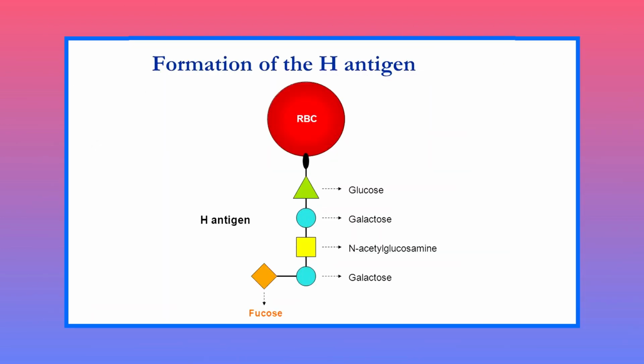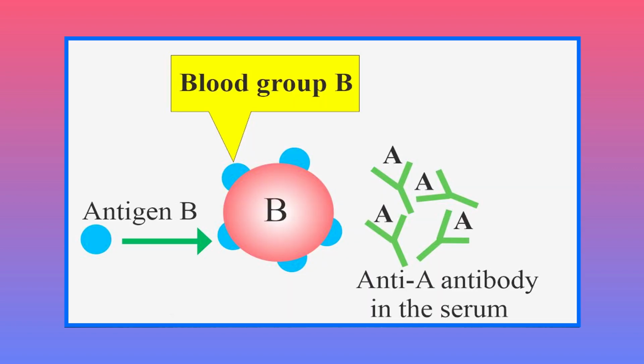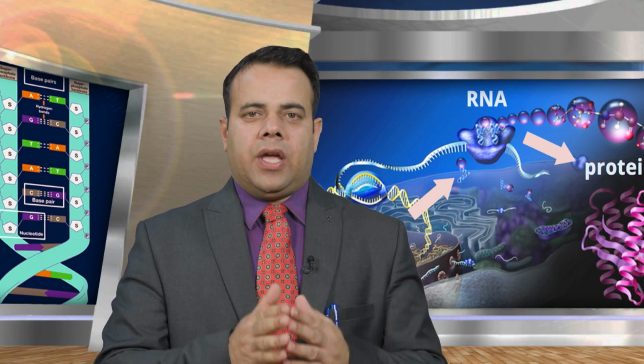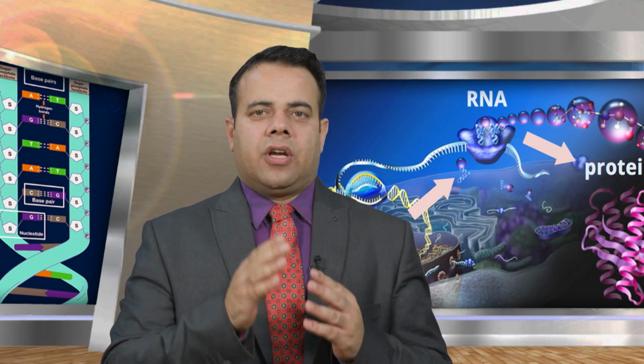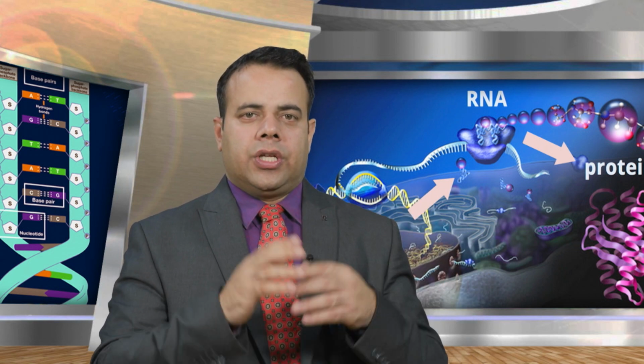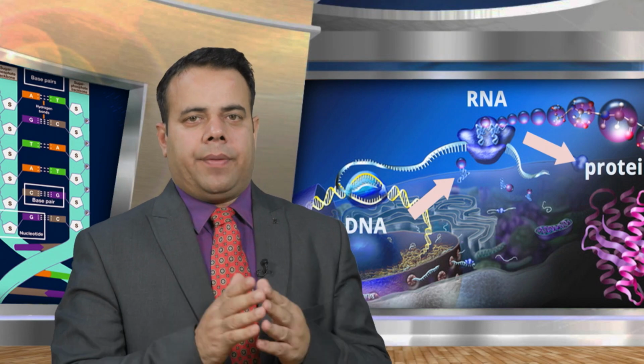A genotype of IB IB or IB small i would result in H antigen with galactose, a trait indicating type B blood. A genotype of IA IB would result in H antigen with both N-acetyl galactosamine and galactose. This indicates type AB blood.